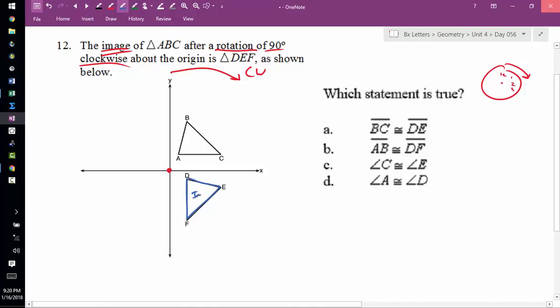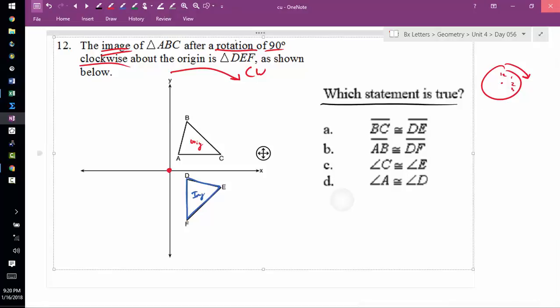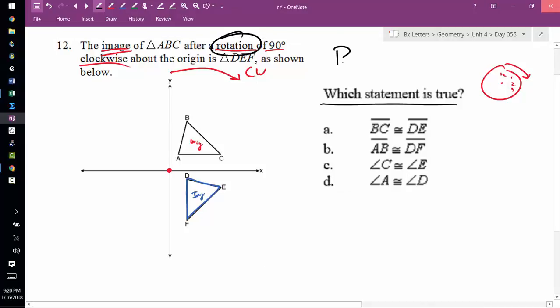So this is the image, this is the original, and then they say, look, which of these statements must be true? And what you need to recall is that when you do a rotation, that is a rigid transformation.